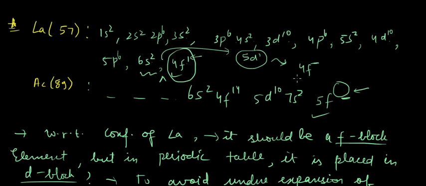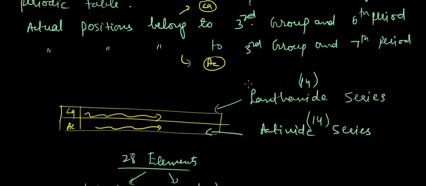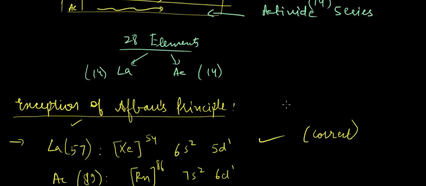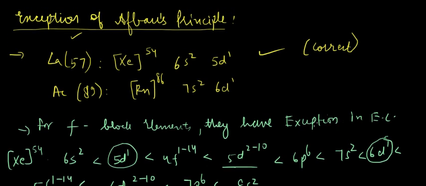In this case, with the filling of 5d1, the number of electrons is already filled up, hence we don't need any electron in 4f. Hence lanthanide was placed here as a d block element, but it was actually 4f, rather an f block element, due to the exception of the Aufbau principle.